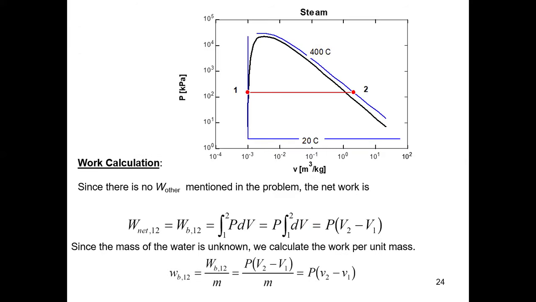And why do we look up the steam table? Because we have to look at the volumes, or the specific volumes, from the steam table. So it is P times (V2 minus V1) divided by mass. When you divide by mass, the capital V2 divided by m is small v2, which is specific volume at position 2, minus specific volume at position 1.